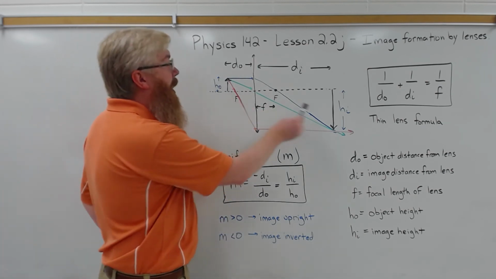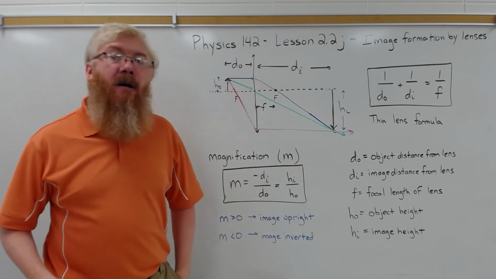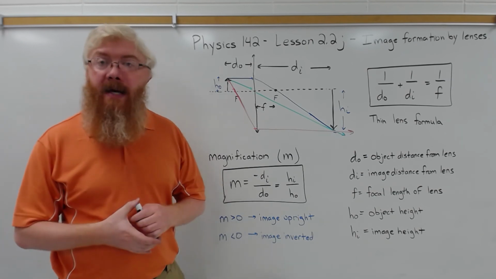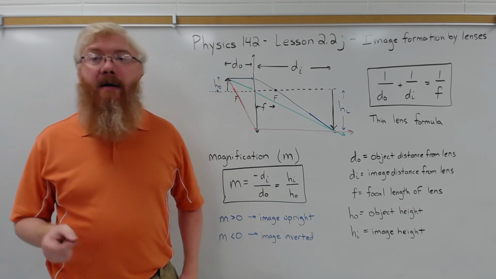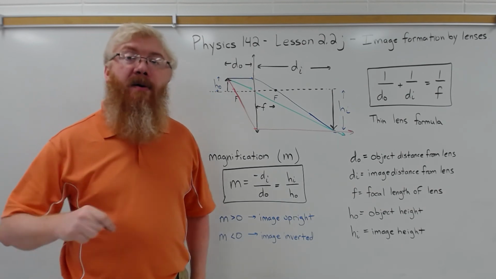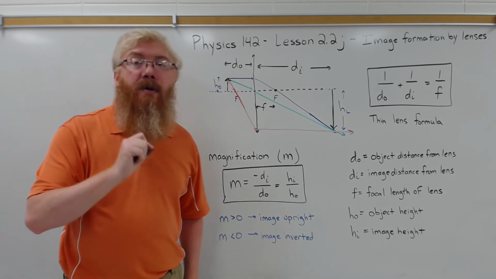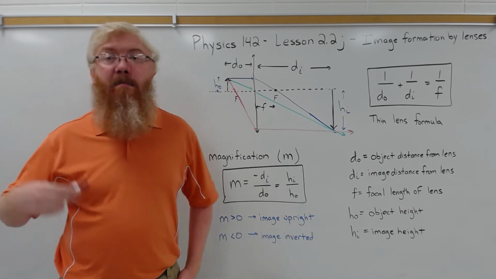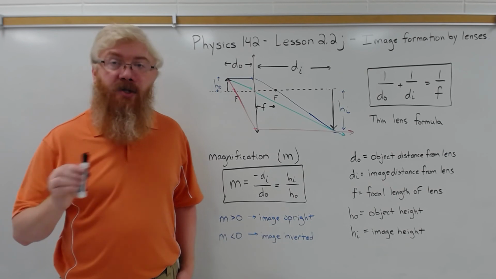Well, any change in height is called magnification. So if an image appears bigger than the original object, we say it's magnified, but also if the image appears smaller than the original object, we say it's been magnified. Magnification doesn't always mean bigger. It just means that the size has changed.